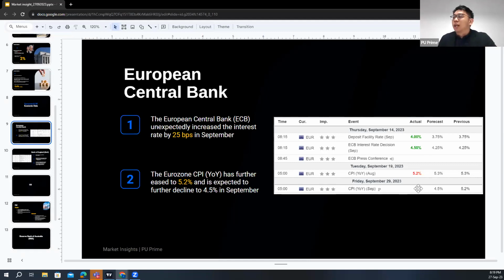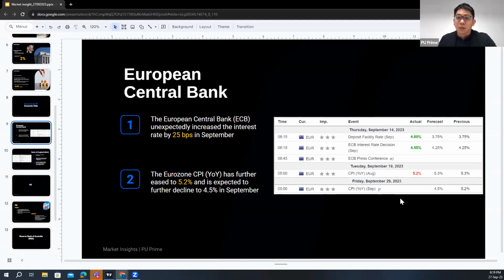But if, let's say, the CPI comes in higher than this number, maybe unchanged at 5.2, or in between 4.5 and 5.2, I would say you need not expect an increase for the euro.